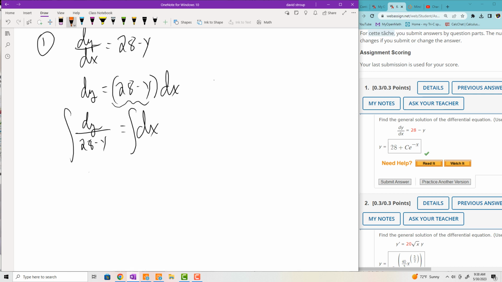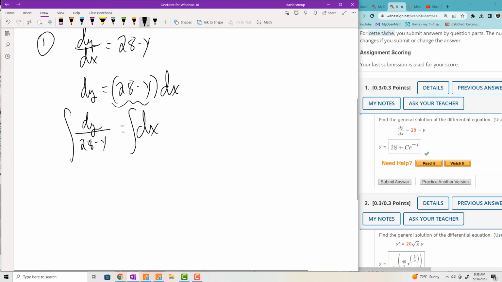You never want to have it in front of anything, but you can always think of, rather than writing 1 over 28 minus y times dy, you could put that dy into the numerator and save yourself a little bit of room. Just apply what the book is doing there. Okay? Okay, so hopefully no mysteries there.